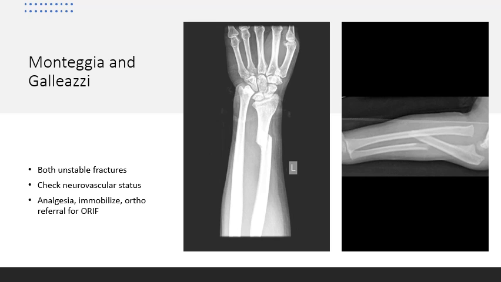Galeazzi is your radial shaft fracture with distal radio-ulnar joint disruption. Okay, so remember it this way. Both are unstable fractures. You need to give an urgent referral for ORIF.